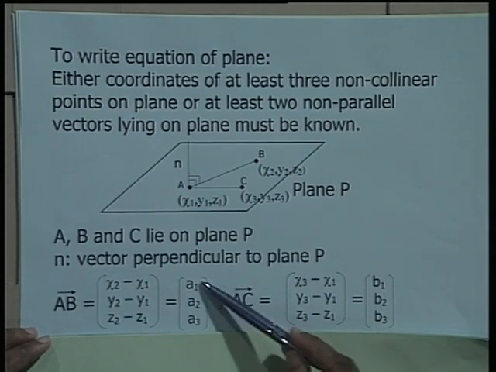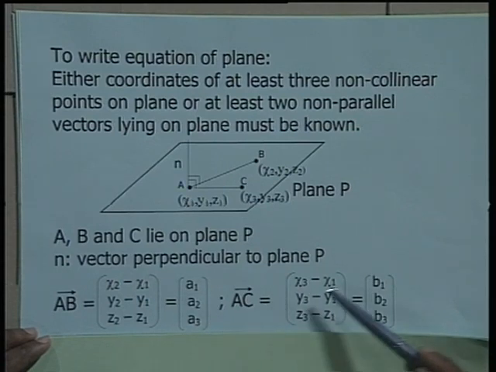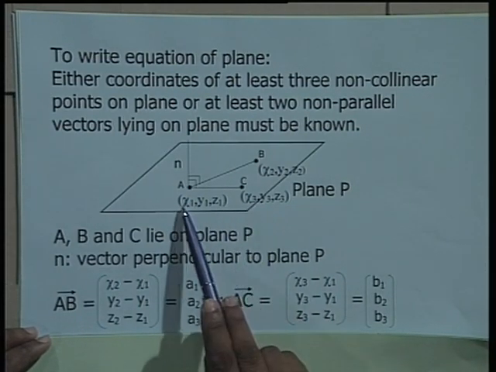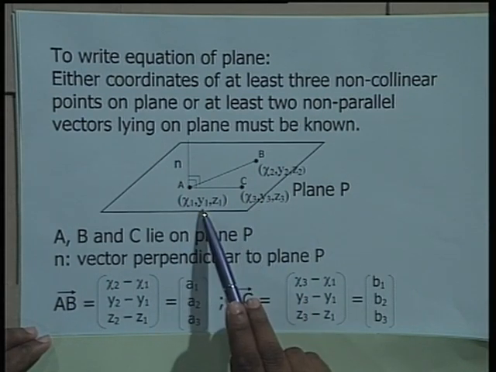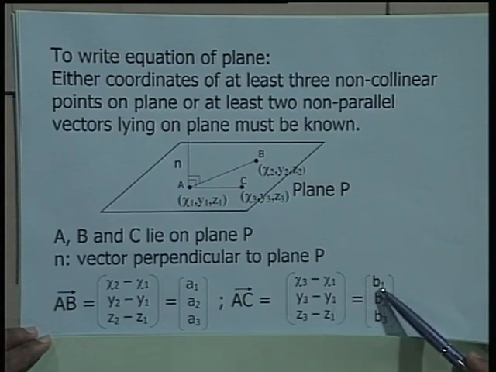We will use this notation rather than this one. It will be more convenient. AC similarly can be expressed as x3 minus x1, y3 minus y1, z3 minus z1, or more conveniently we'll write AC as b1, b2, b3.